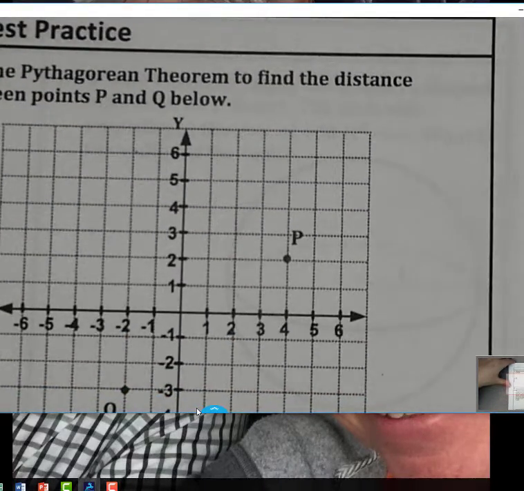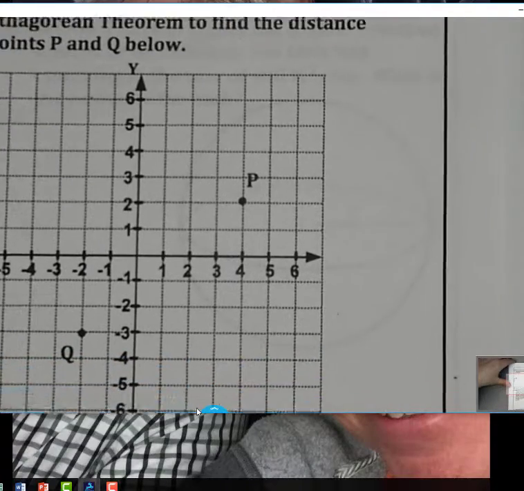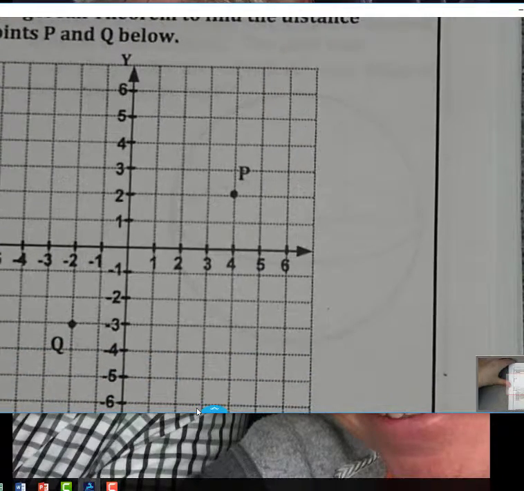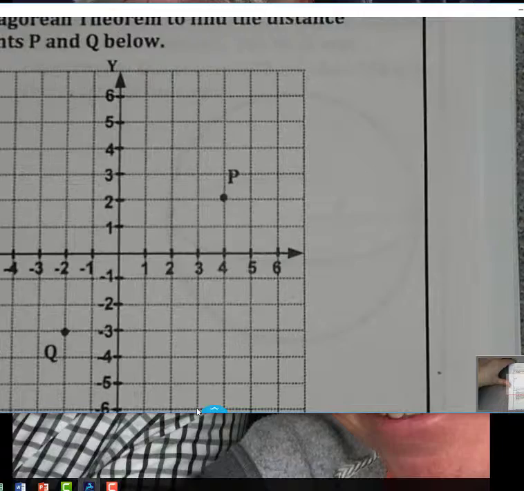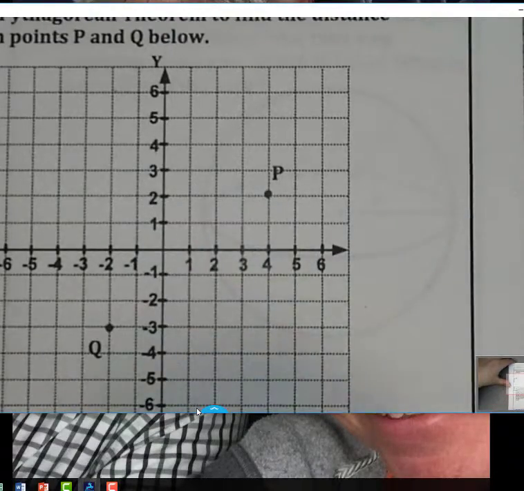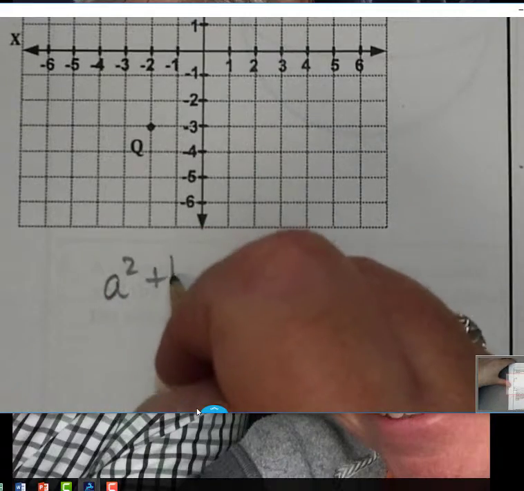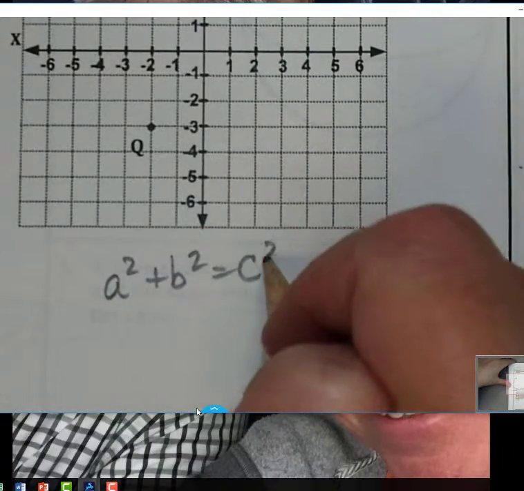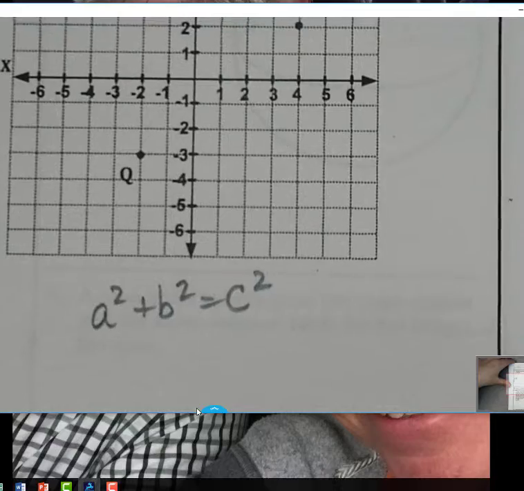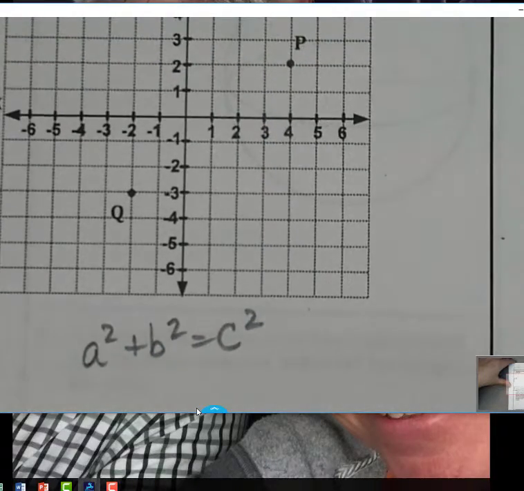Okay, use the Pythagorean theorem to find the distance between points P and Q. So the Pythagorean theorem is a squared plus b squared equals c squared. And the Pythagorean theorem is only used for right triangles.